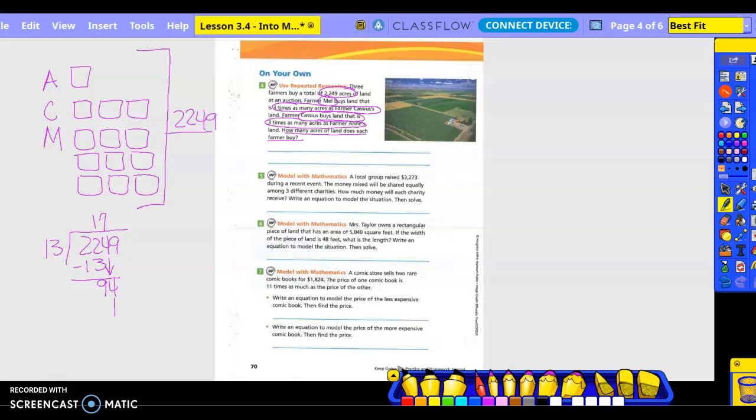Carry the 2. 7 times 1 is 7, plus 2 is 9. Bring down the 9. 3 times. Minus 39. Nothing left over. So in each box would be what? 173.